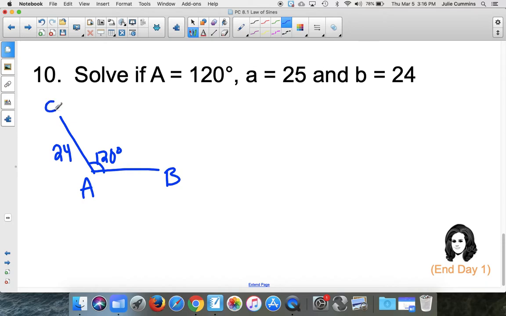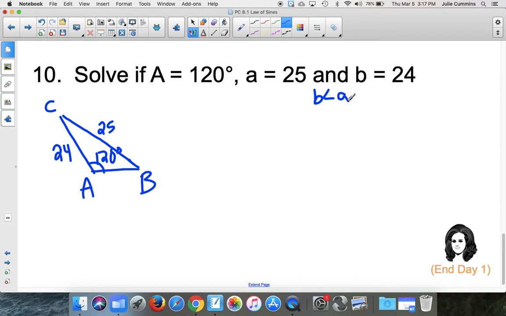And then side A is 25. So it is just a little bit longer. It is going to be long enough to reach over there. Okay, this one is going to work. And if you look up at that box, since B is less than A, we're going to be able to do this and make a triangle.